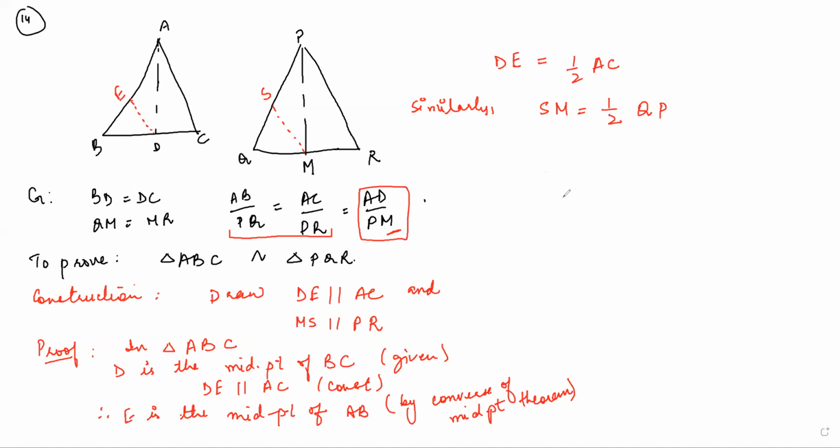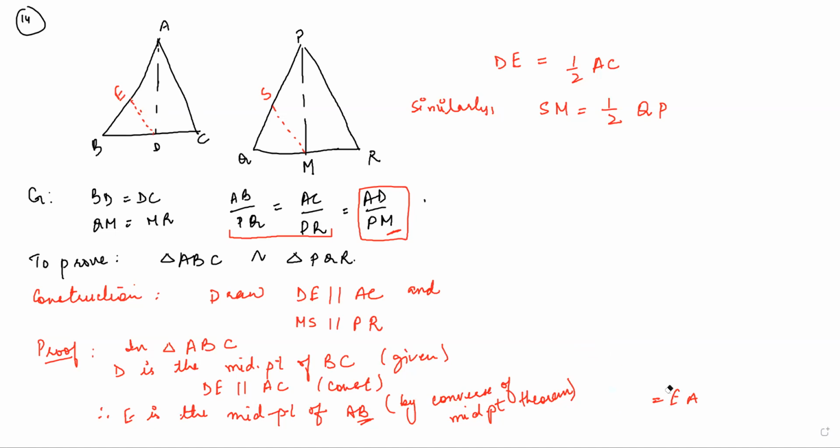D is the midpoint of what? BC. So I'm talking about DE. D is the midpoint means BD is equal to DC, isn't it? This is the meaning of the midpoint, but I'm not writing this. I'm writing that the length of this line DE is half of AC. From where am I writing this?